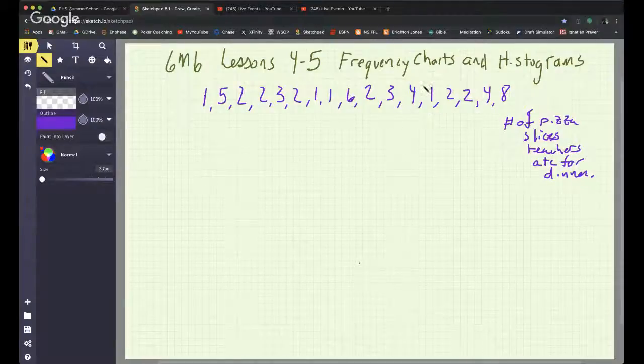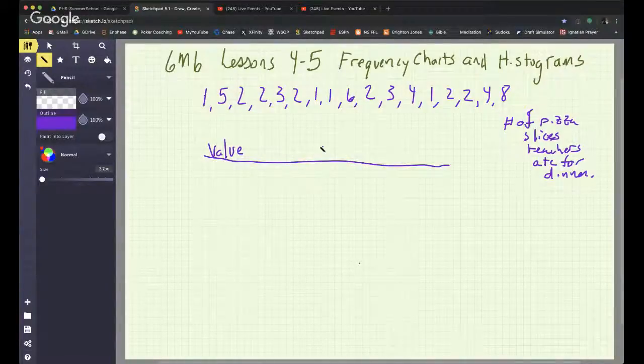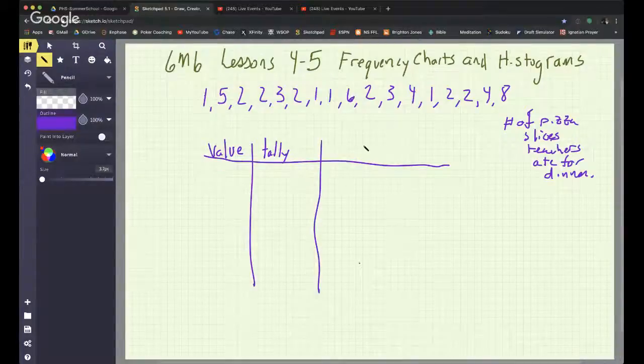The way frequency charts look is we have a first column, which is the value. Then we do a tally, which is kind of like our dots in a way. Then we'll have a frequency column, which will just be the sum of our tally.